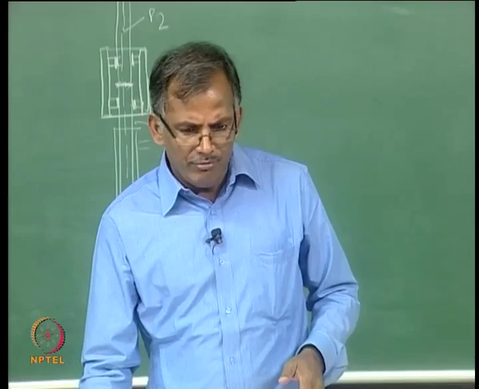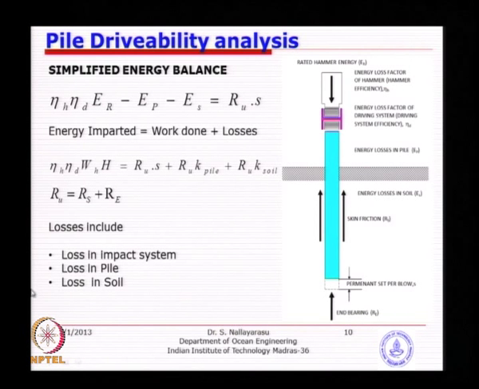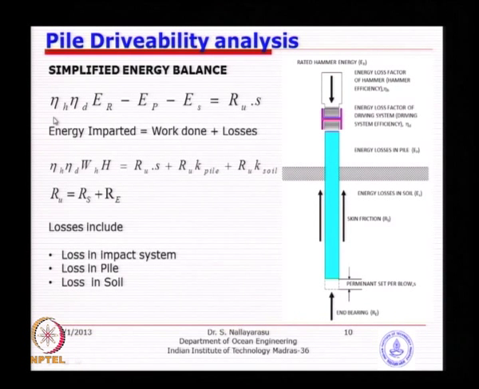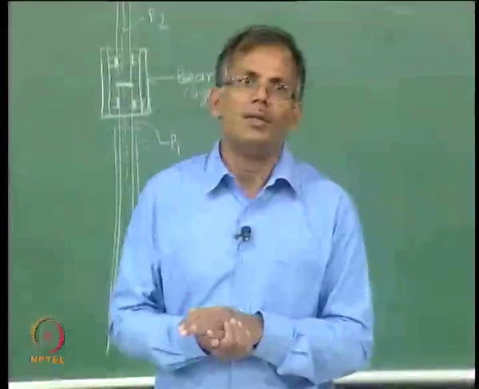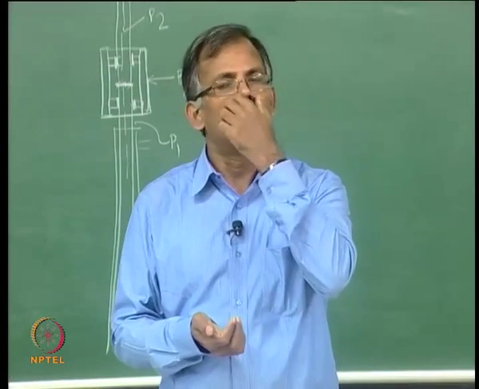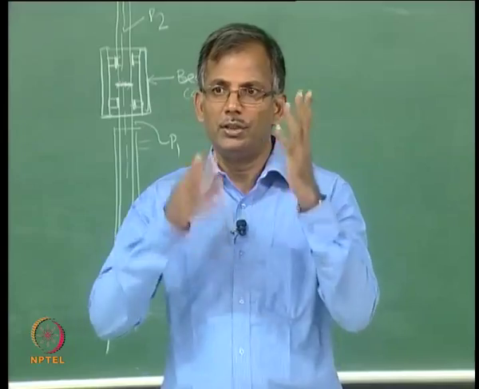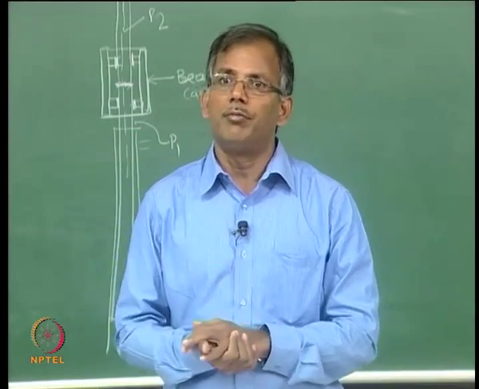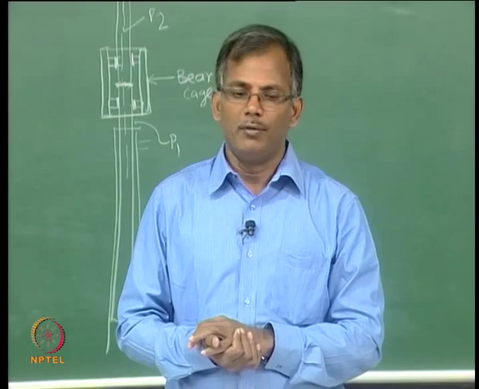So, what we are writing down here, eta h is the hammer efficiency. What is hammer efficiency? For example, you have a diesel hammer, so many liters, and the engine is supposed to work at 100% efficiency and produce this much rate of energy.